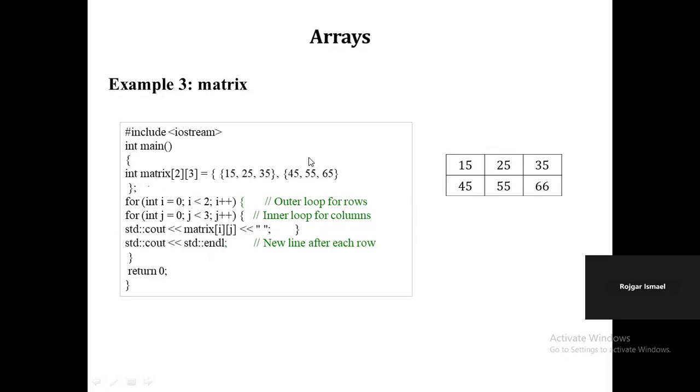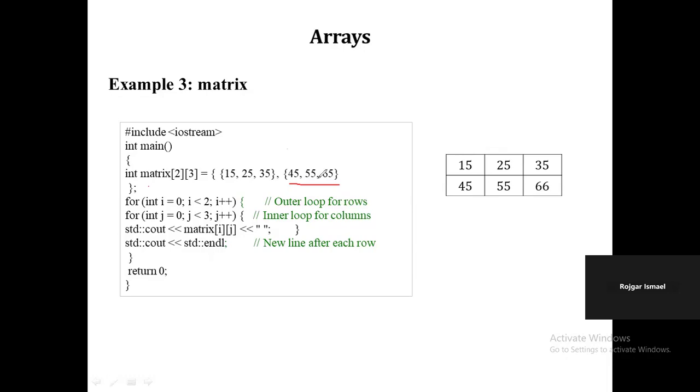Same looping, same print out: 15, 25, 35. The first row of the matrix will start from 15, 25, 35. This is the first row. This is the second row of the matrix.